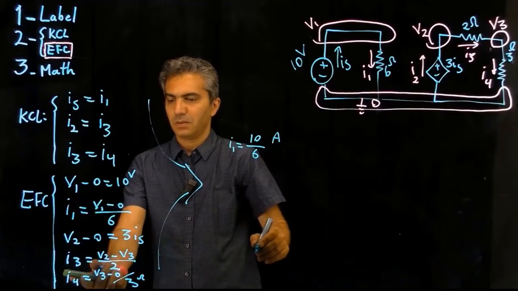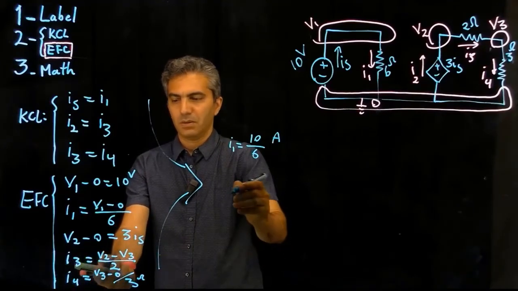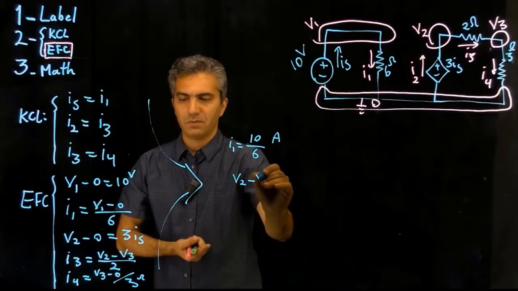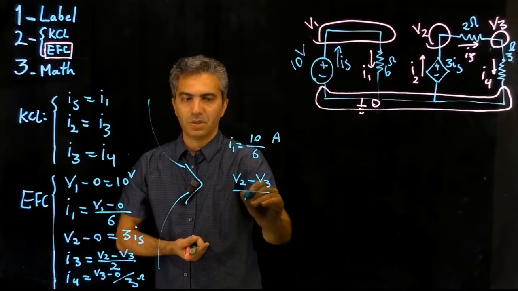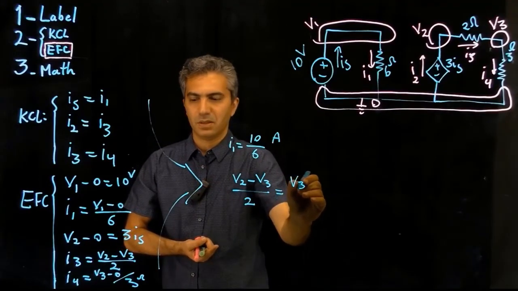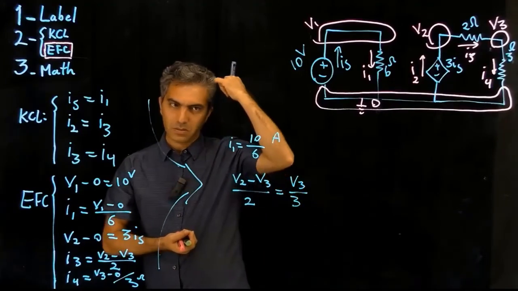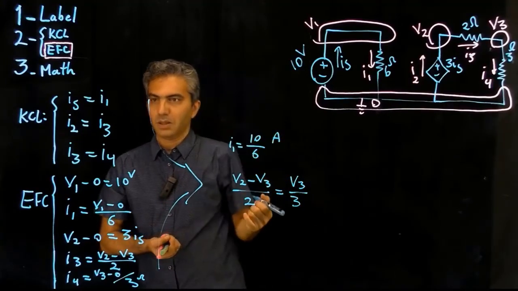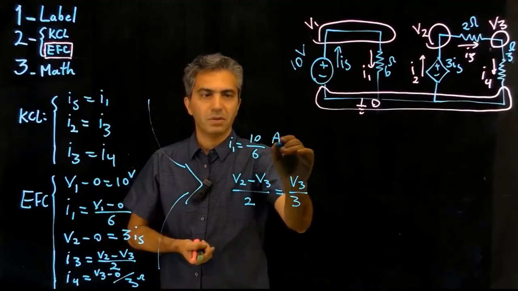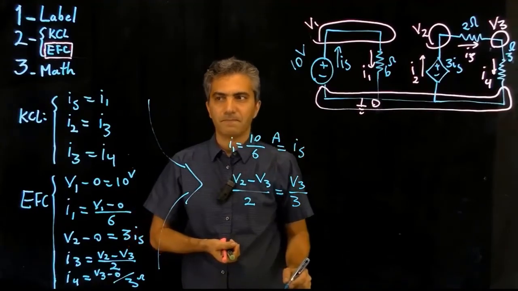Then I3 and I4 are equal to each other, and therefore (V2 minus V3) divided by 2 is equal to V3 divided by 3, and IS is equal to I1, so that's also equal to IS.